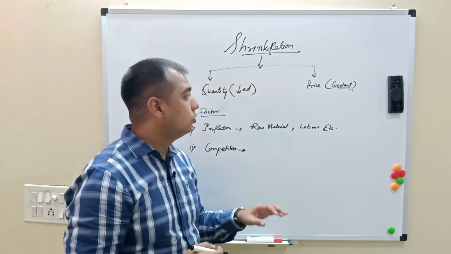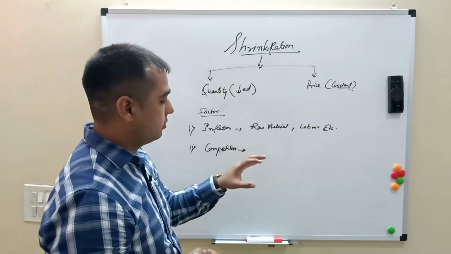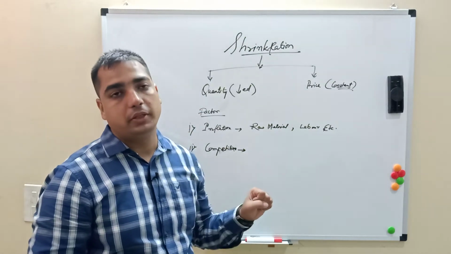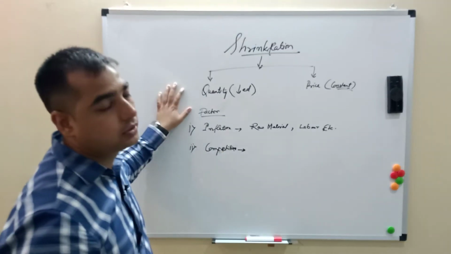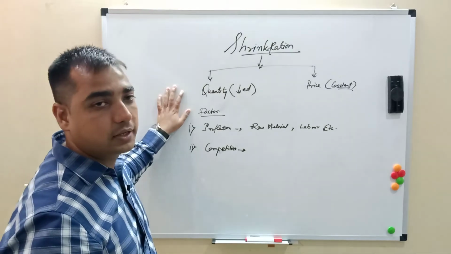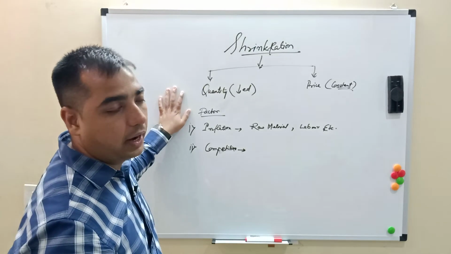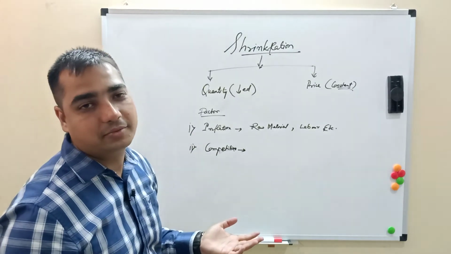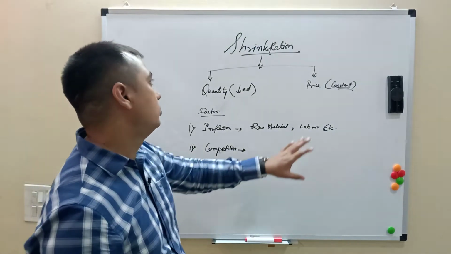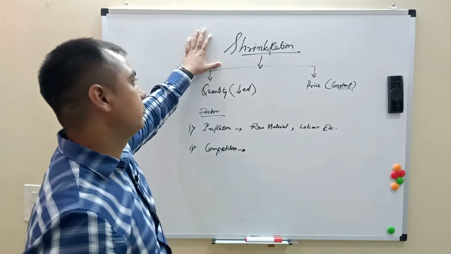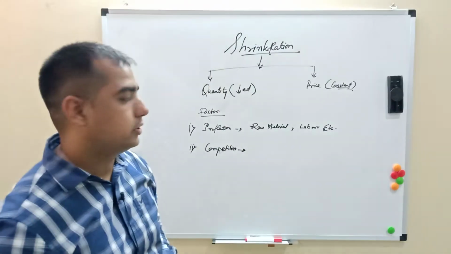So to maintain that brand value with the same price, they reduce the quantity itself, because again the customer is price sensitive and the owner is profit sensitive. Therefore these two things lead to a phenomenon called shrinkflation. I hope I have made it clear to you.